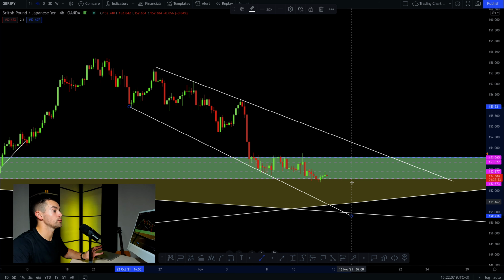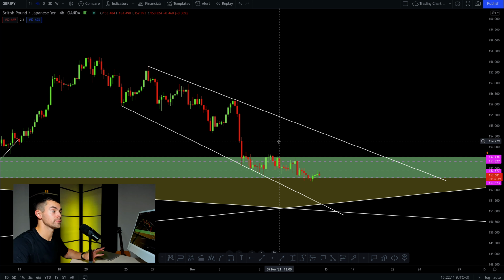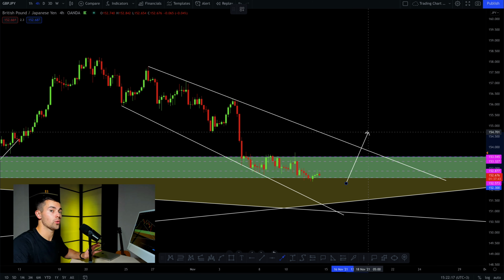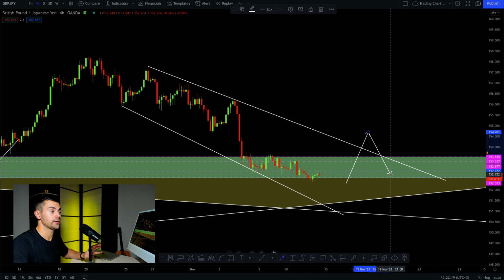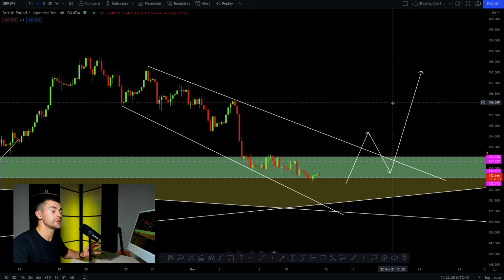Yes, you can see that so far the price perfectly respects the boundaries of this falling channel. So what will be your confirmation? Your confirmation will be a bullish breakout of the resistance of this flag to the upside. Once it is broken, then a strong bullish rally will be expected. Then a strong bullish swing will be expected, and that is how you trade it.